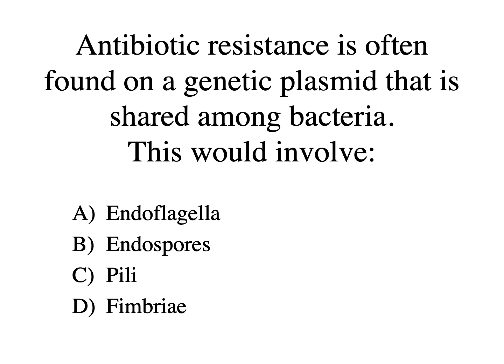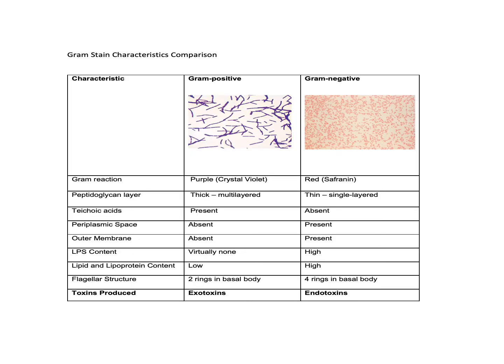Remember, they can share their genetic material through this pili, including the resistant genetic material, like antibiotic resistance, they can share with one another. The pili and the fimbriae both can be used for attachment, but only the pili can share their genetic material.